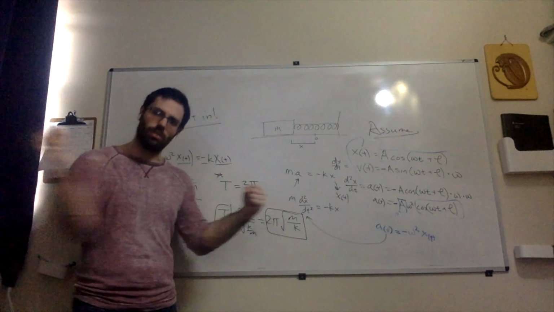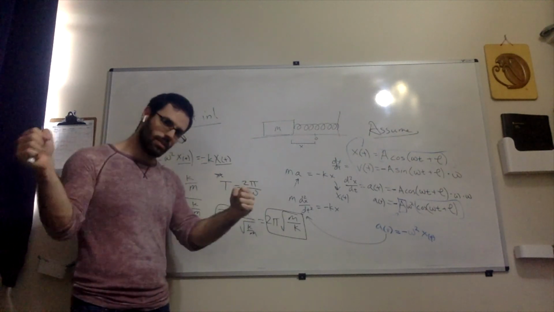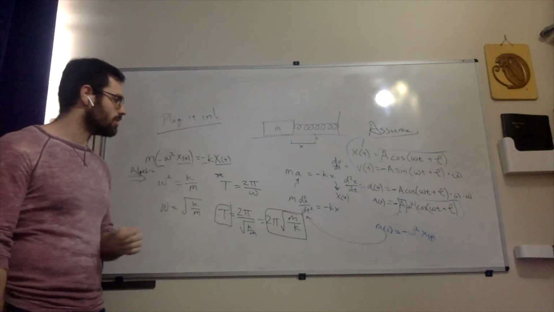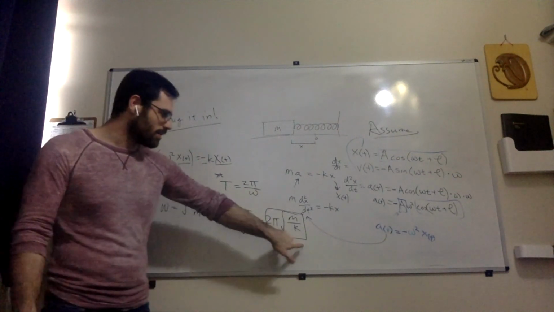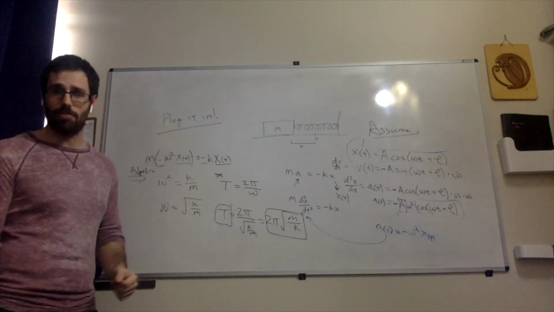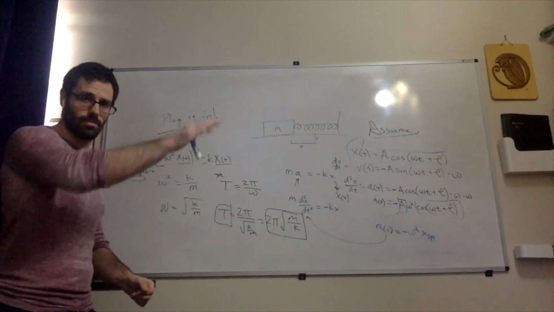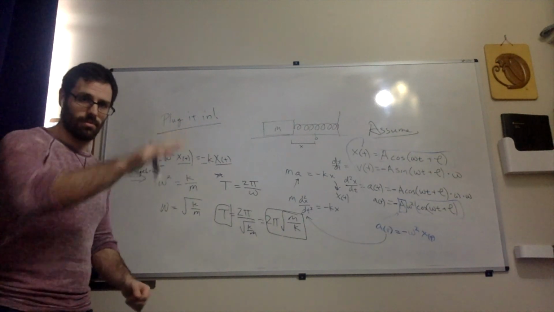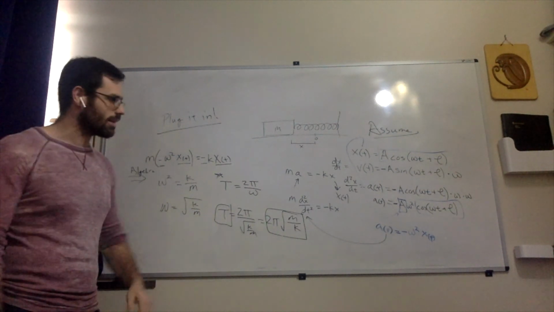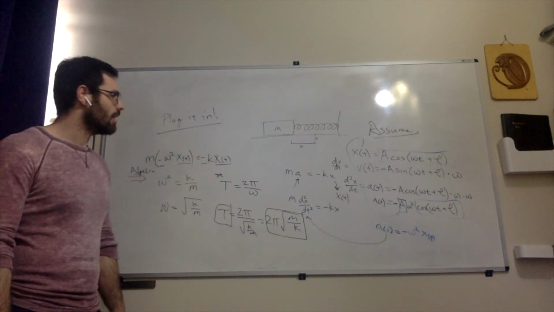So if my spring is stronger, I'm going to be pulling faster in both directions, and so my period will actually be reduced. This will be very similar to what we come up with when we look at the derivation for a pendulum. And we'll look at that also in another video.